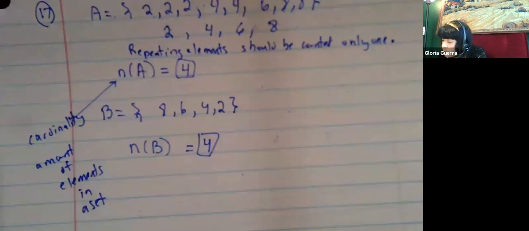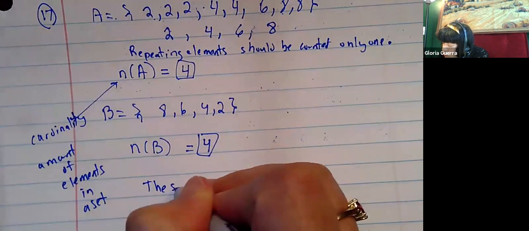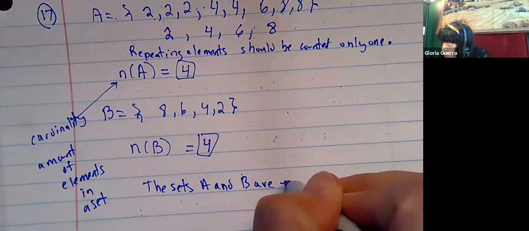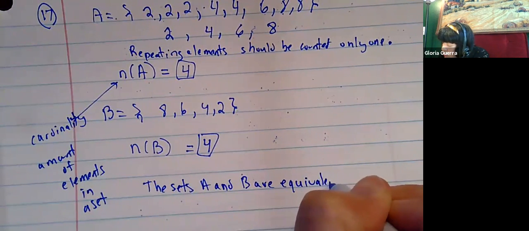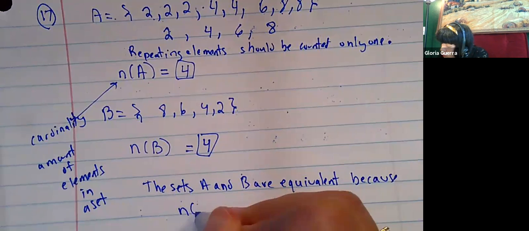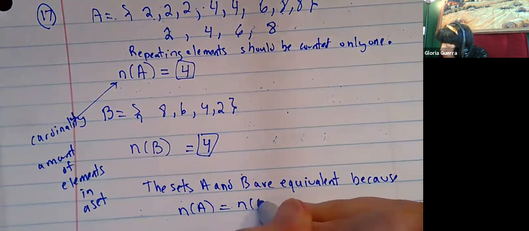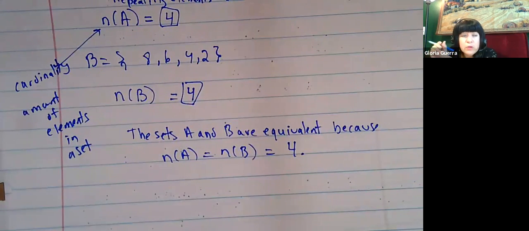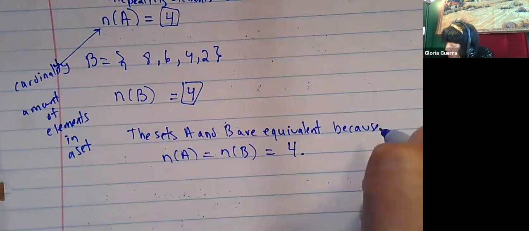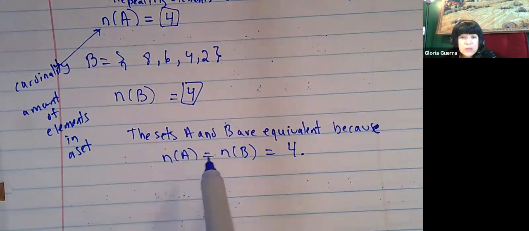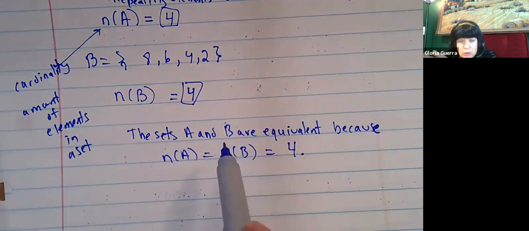Okay, so the sets A and B are equivalent because N of A equals N of B, which is equal to 4. So see, you're answering them, are they equivalent or not? And then you're telling me why. And you're using the definition. This means cardinality. The cardinality of A is the same as the cardinality of B. And you're telling me that it's 4.